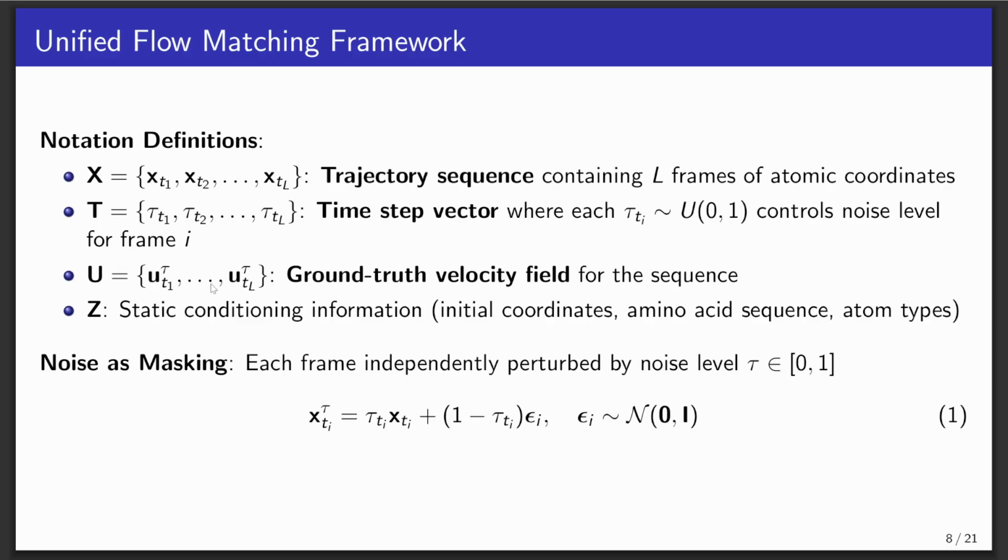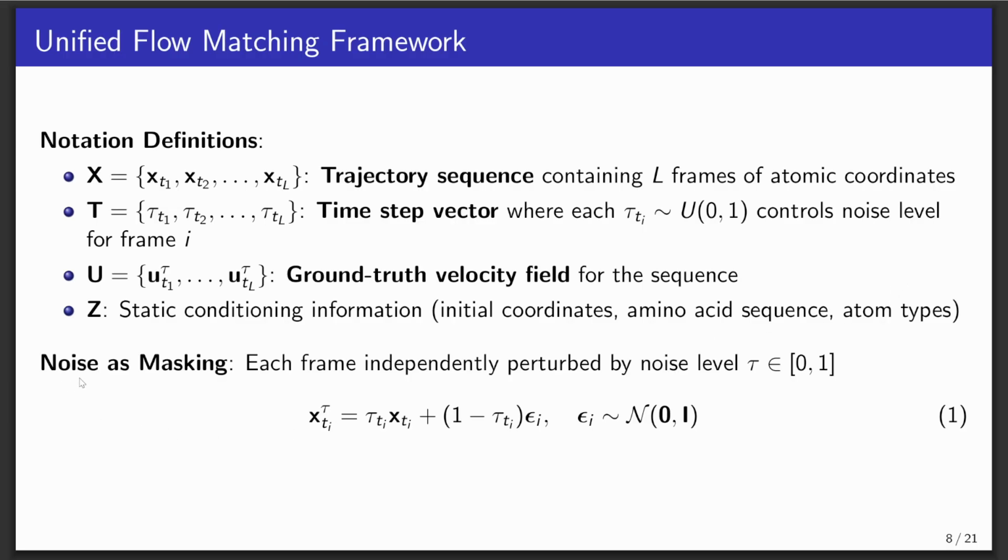Also, we have U, the ground truth velocity field for the sequence. Here, the velocity field is superscripted with tau, so this is the flow matching velocity rather than the physical velocity of the system evolution. Also, we have C, the static conditioning information, like initial coordinates, amino acid sequences, or atom types.